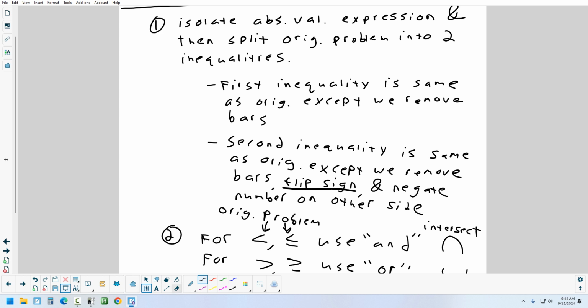Sometimes we use and, other times we use or. The way that you figure out which word to use, you have to go back and look at the original problem once you isolated the absolute value. I'm just going to add in after isolating the absolute value.